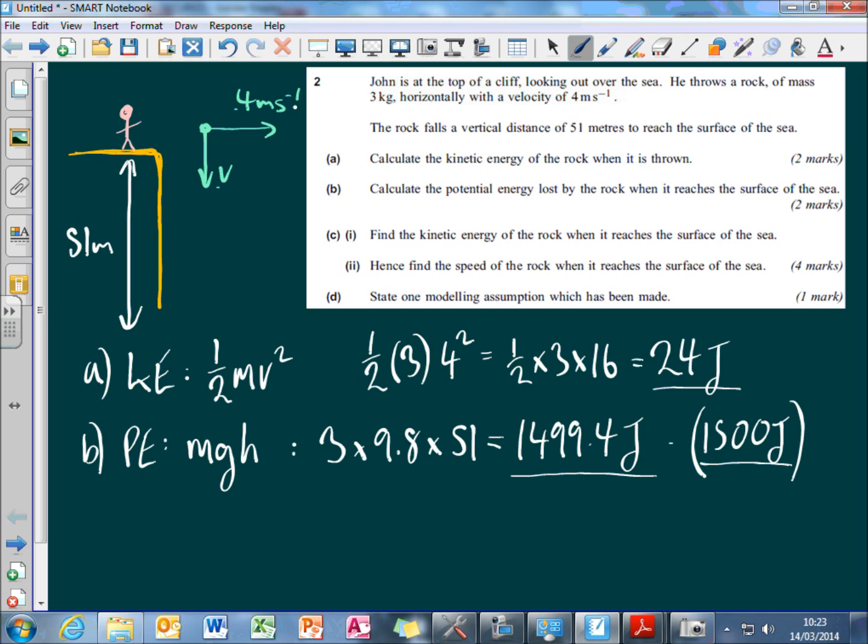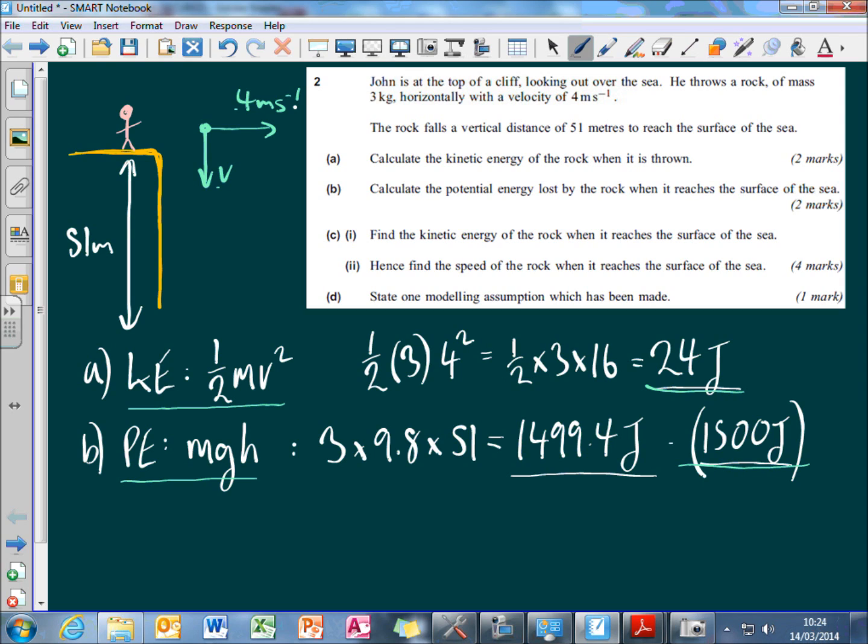So initially at the start, we had this much energy. This rock has fallen, and it has gained this energy, the potential energy. So initially we started off with 24 joules, it's fallen, and it's now got an extra 1,500 joules.